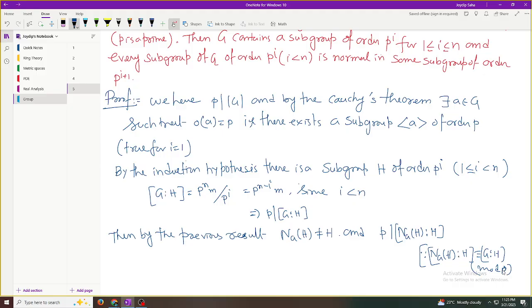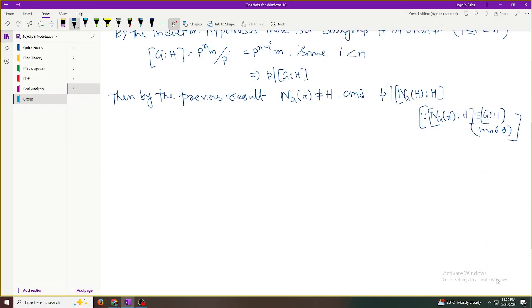So consider the group N_G(H) quotient H, because H is normal in N_G(H).